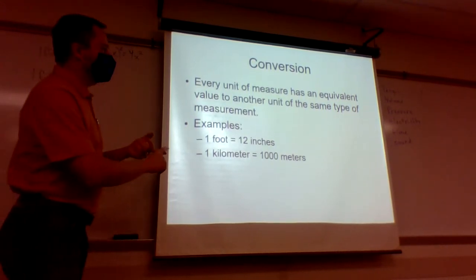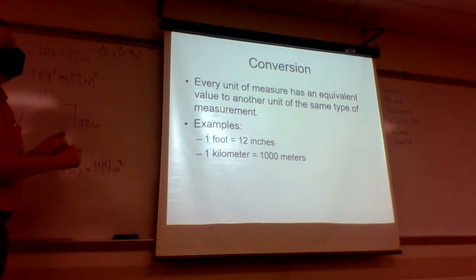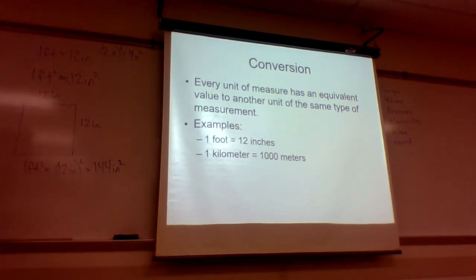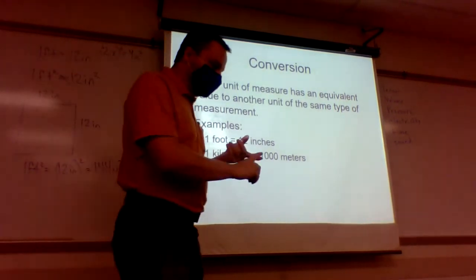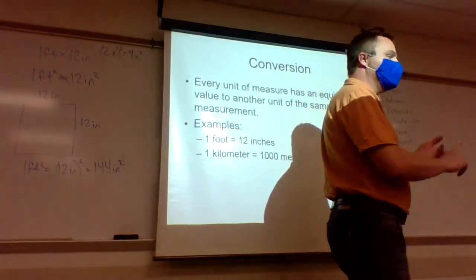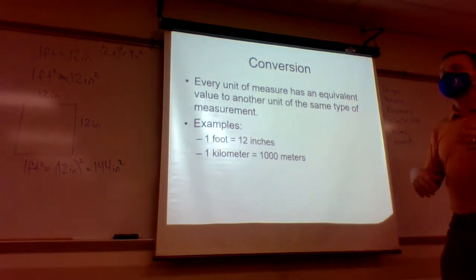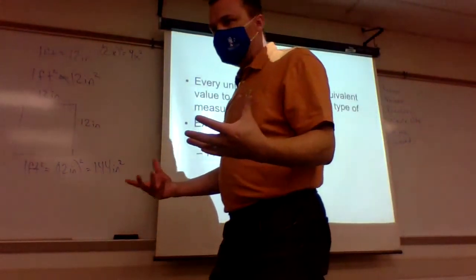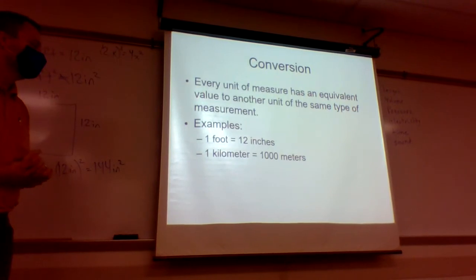Number one concept, every unit of measure has an equivalent value to another unit of the same type of measure. So every unit of length has an equivalent value to another unit of length. Every unit of mass is an equivalent value to another unit of mass, etc., etc. If it's the same dimension, there's going to be an equivalent value. Okay?